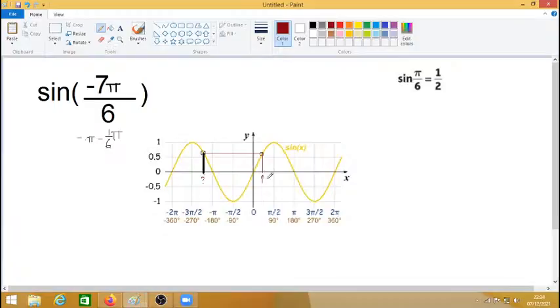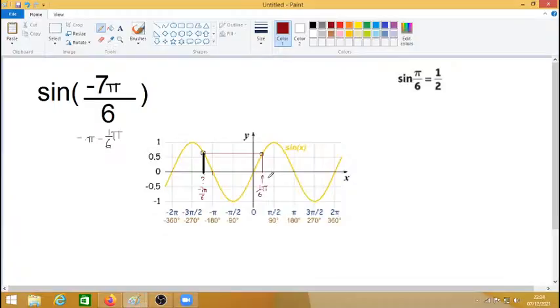So the question is, if the question mark is minus 7 pi over 6, then in terms of pi, what have we reached here? Remember that we got to minus pi, and we just went 1 over 6 pi more. So using the symmetry, this distance here would just be 1 over 6 pi.